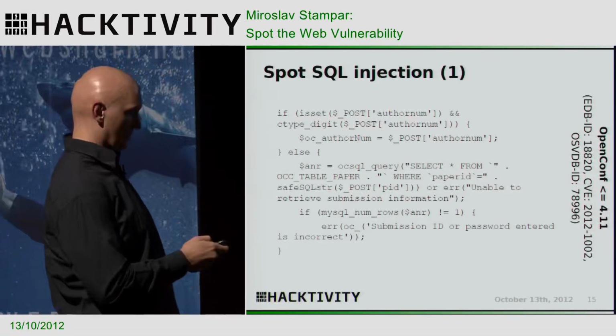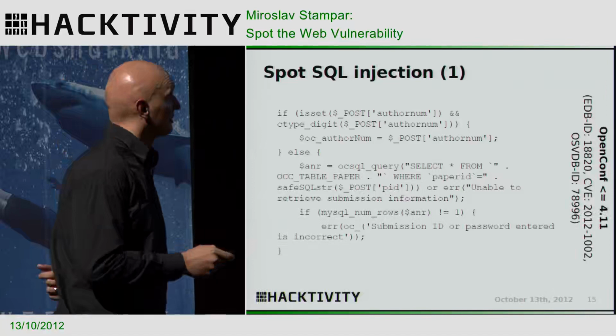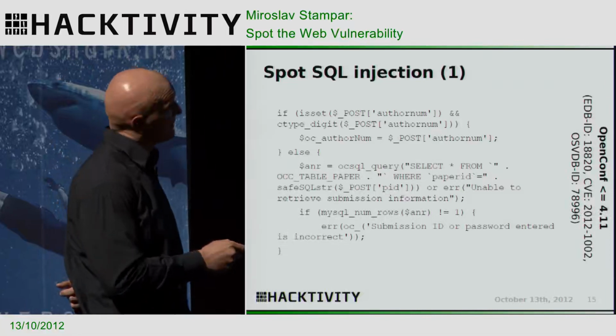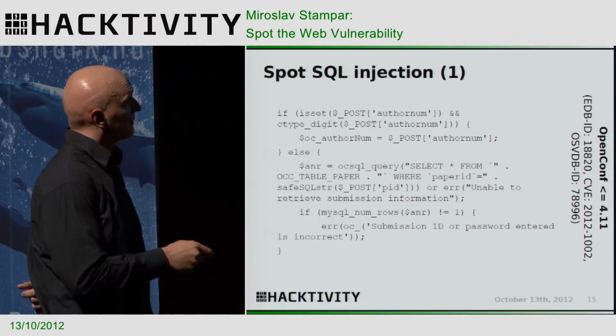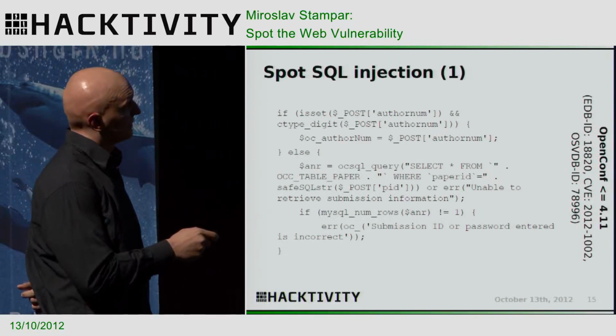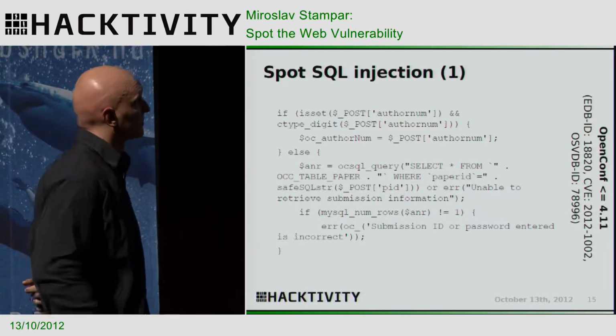So here, in this first example, in each of those examples, you will see the name of the affected application and its reference in exploit-db, if it's available, in CVE or open source VDB.